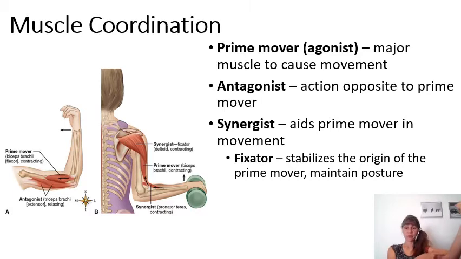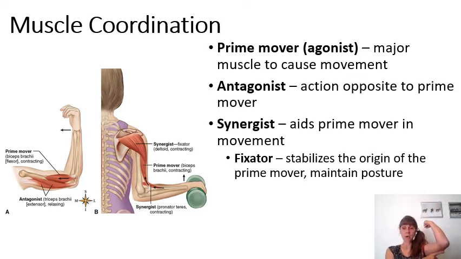If a prime mover moves a joint in one direction, remember that the prime mover is also called an agonist. The antagonist will move the joint in the opposite direction. These names are relative according to the motion.